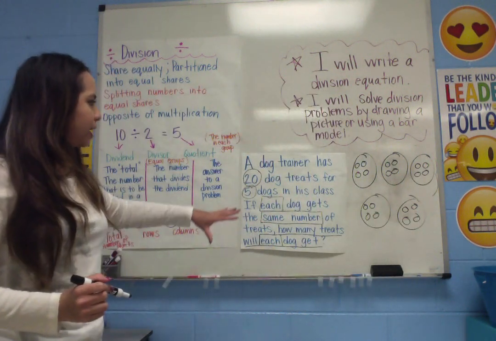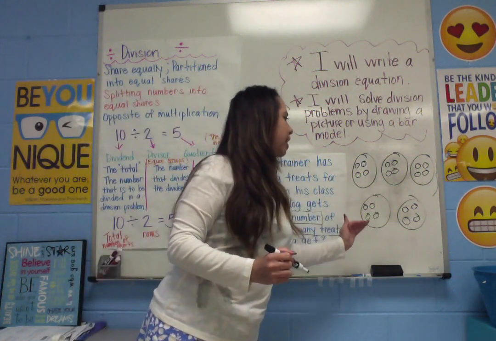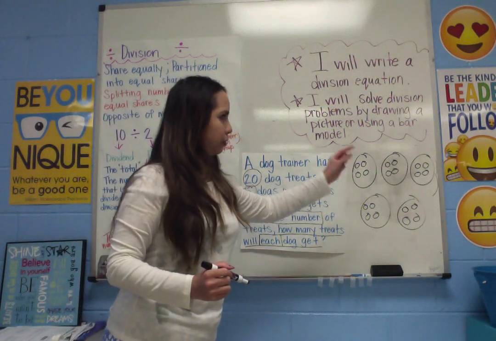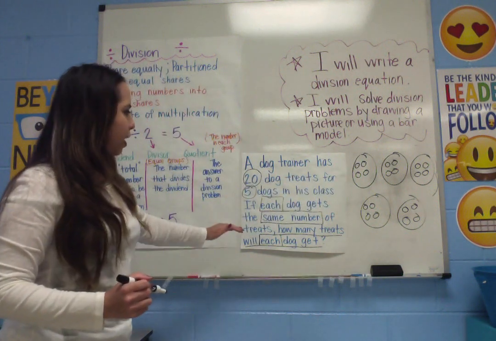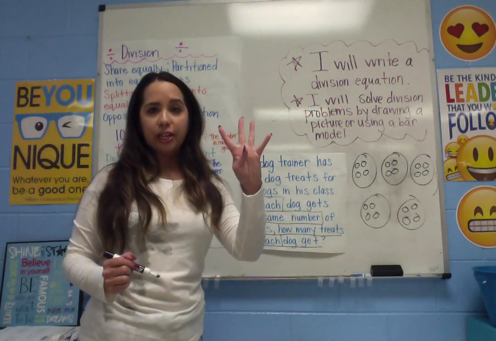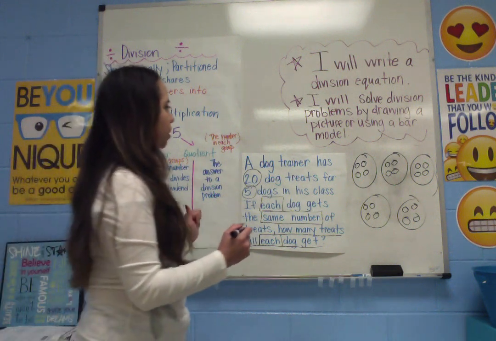Okay? So I divided out my 20 dog treats equally with the 5 dogs. And as you can see, there are 4 circles in each group. So how many treats will each dog get? 4 treats.